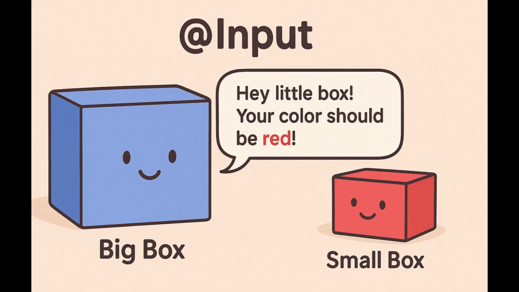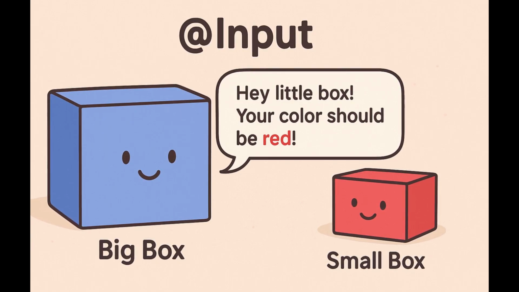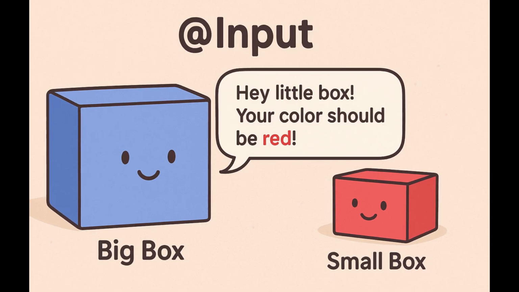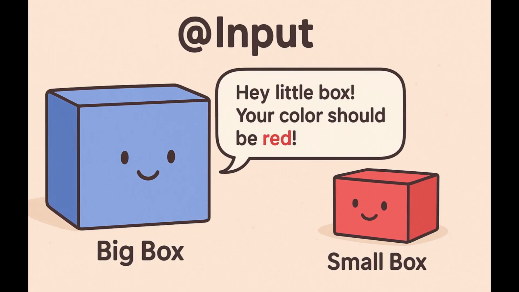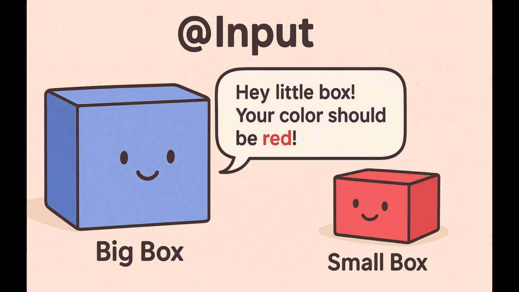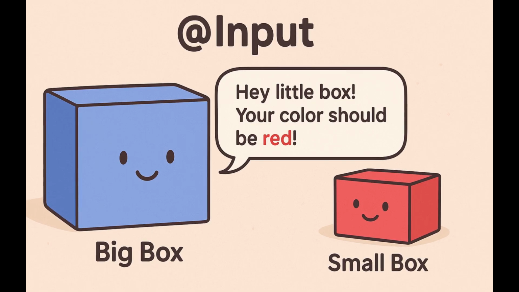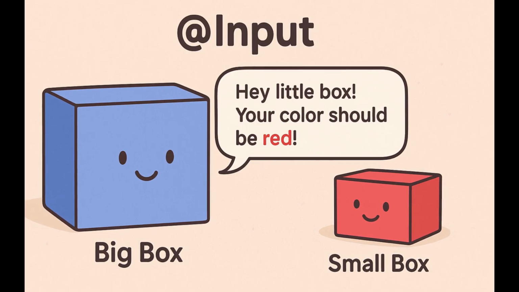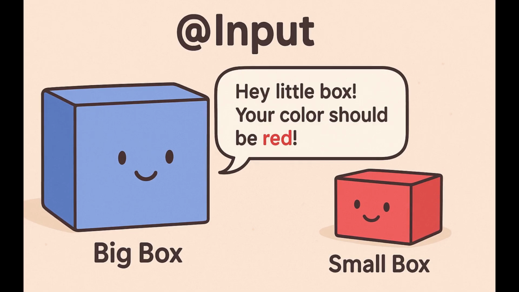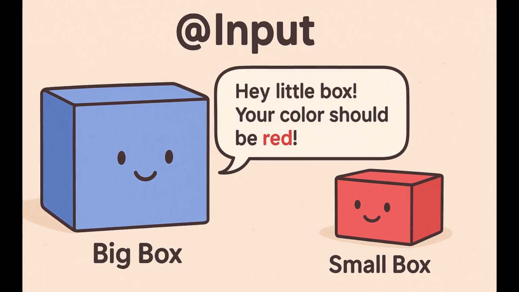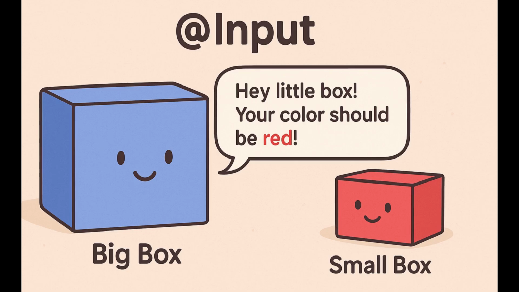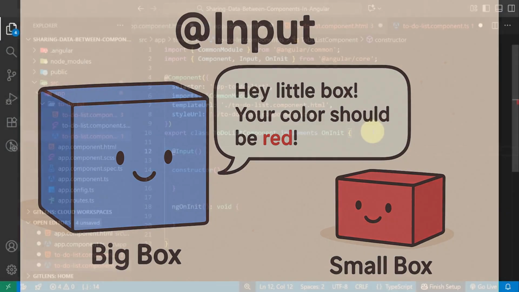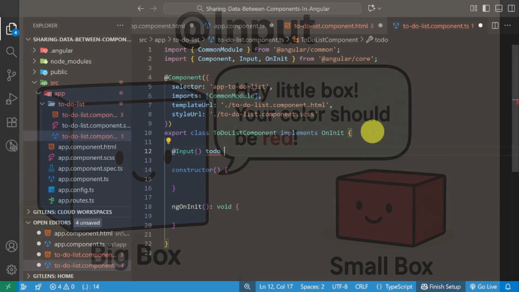In Angular, that's exactly what @Input does. It lets the parent component send data down to a child component. In simple words, @Input is a magic label that says, hey Angular, this thing comes from the parent. It's how components talk from parent to child.